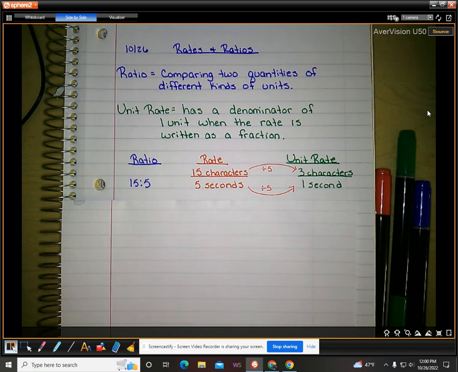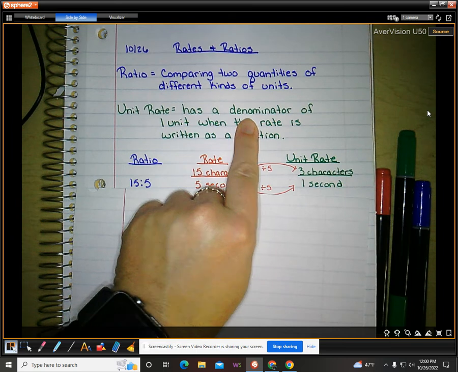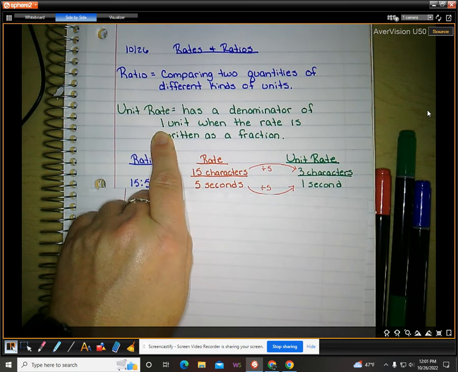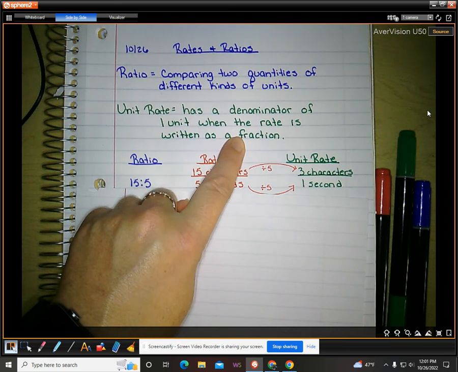If you can run 3 miles in 30 minutes, how long did it take you to run 1 mile? Jordan? 10 minutes. Okay? If you're running 3 miles in 30 minutes, you're running 1 mile in 10 minutes. Okay? So that's a unit rate. It's a denominator of 1, and it's written as a fraction.